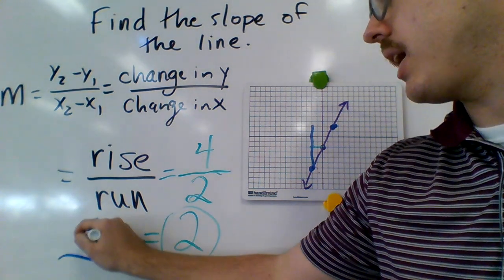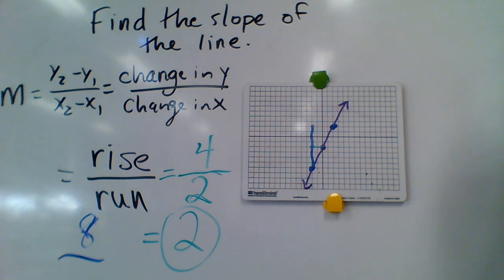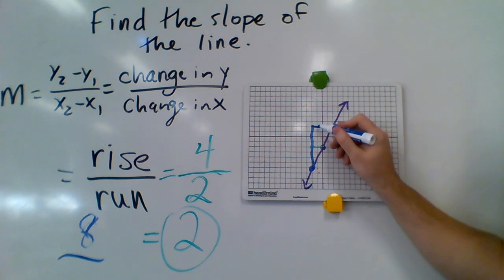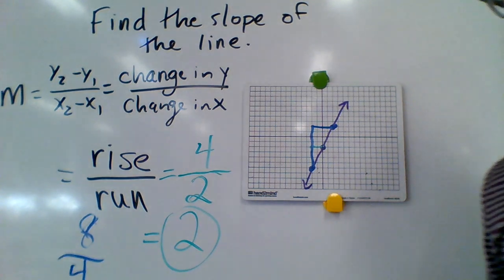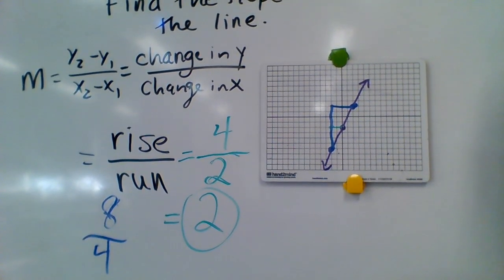That's a terrible looking 8. I apologize. My rise is 8. My run then, I start where I left off and run until I'm even with it. I run 1, 2, 3, 4 times. 8 divided by 4, that is still 2. So it doesn't matter which points that you choose as long as you do rise and run.